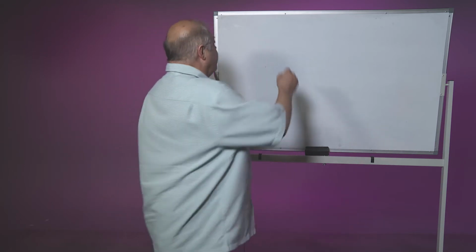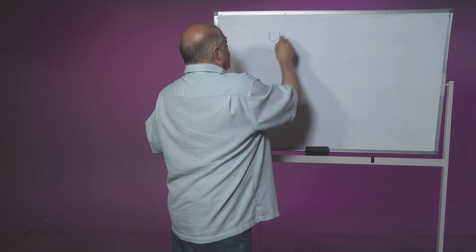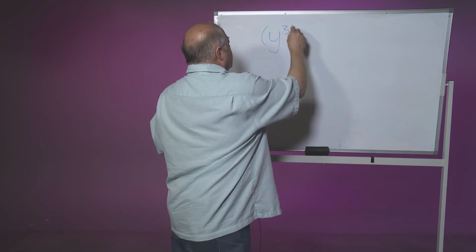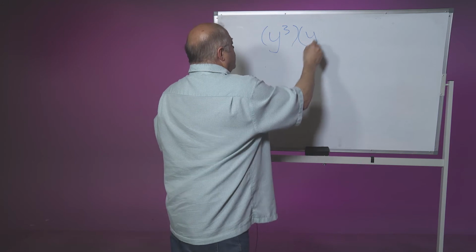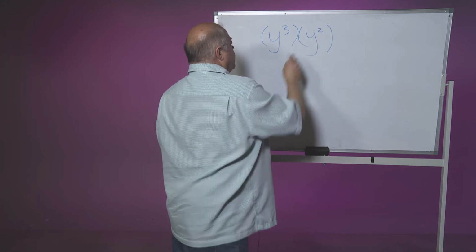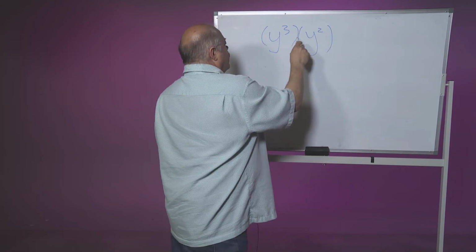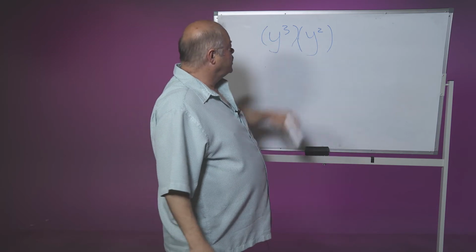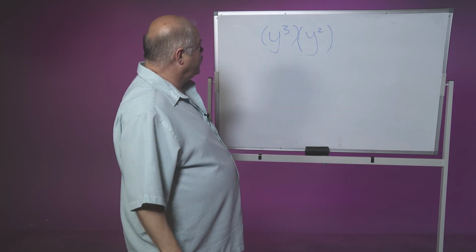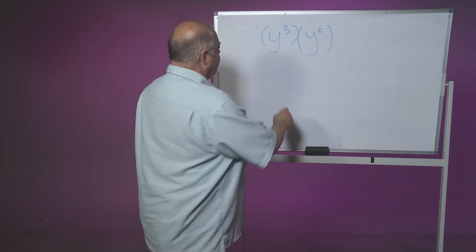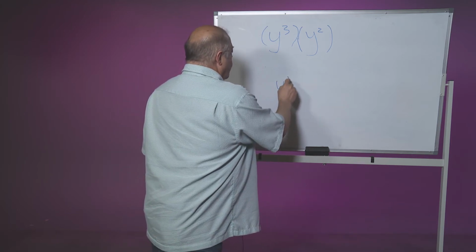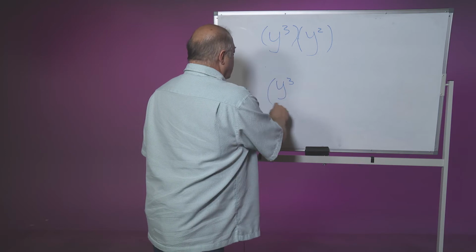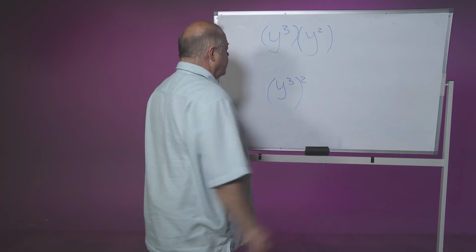So if you have y cubed times y squared, what is that? And how is that different if you had y cubed all squared?